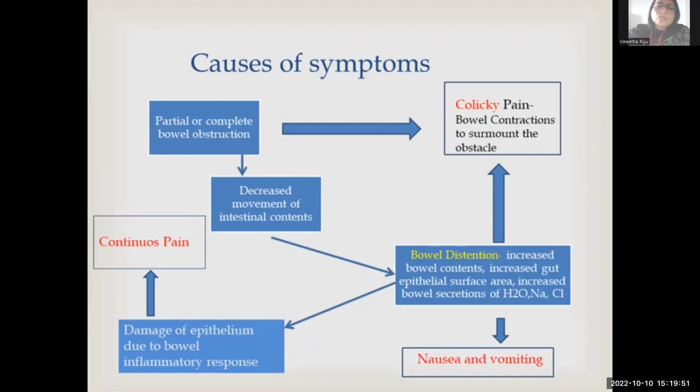Now, when there is so much secretion happening, this causes nausea and vomiting. And why does bowel distension happen? Because there is decreased movement of the intestinal contents. Now, with all this bowel distension and increased secretions, the patient has vomiting, nausea, and an inflammatory response happening, which in turn increases the pain of the patient.